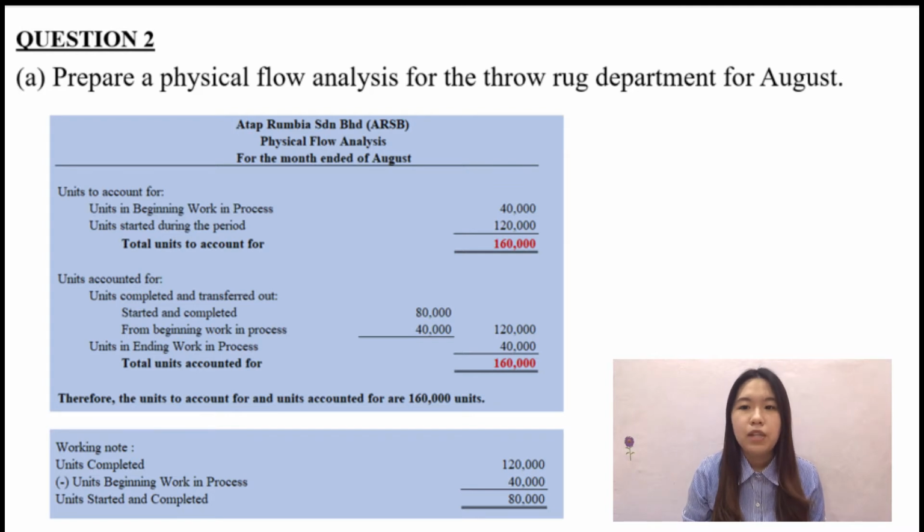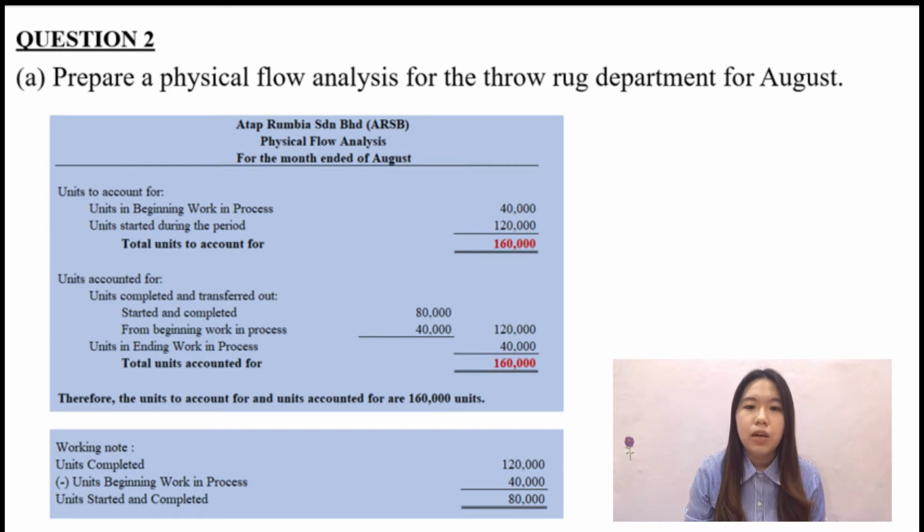So, completed and transferred out of 120,000 units is started and completed of 80,000 units plus from beginning work in process of 40,000 units. The second step is to record the units in ending work in process, 40,000 units.